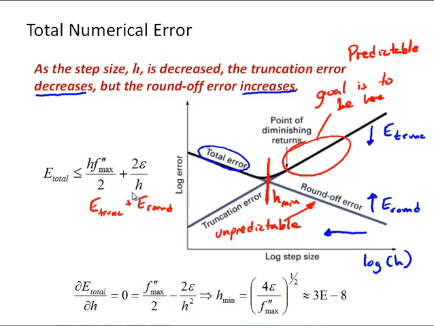So we can take the derivative of that with respect to h and set it equal to 0 to find that minimum step size, which is the local minimum on this curve that we're showing here in black for the total error.